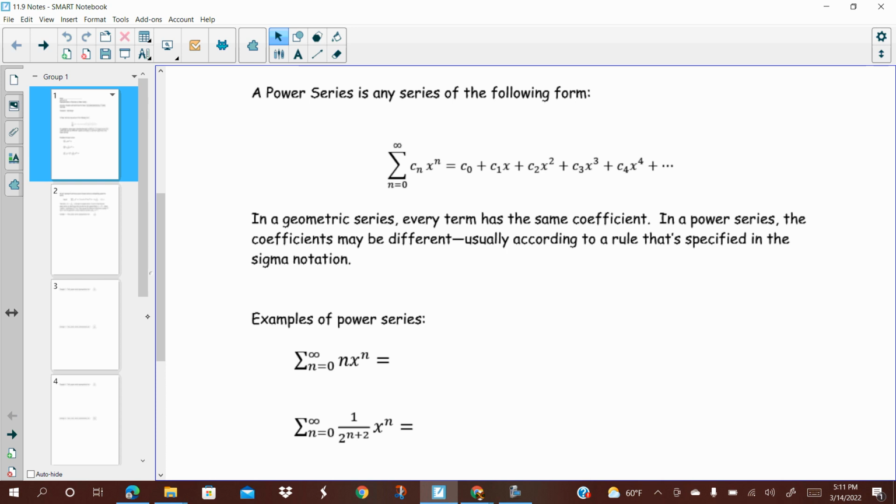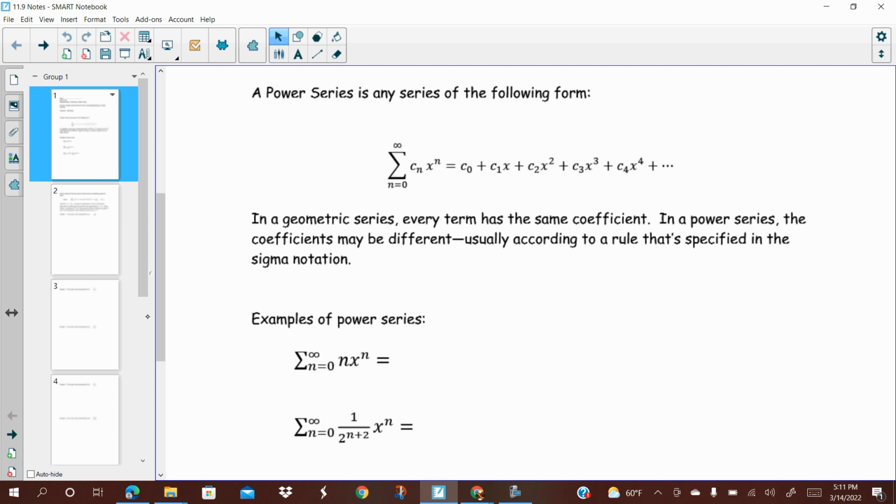The coefficients here are not necessarily going to always be the same number. The coefficients can actually change based upon some kind of a rule, whatever the rule is that's given to you in your sum. And then x to the n power basically just looks like some kind of a geometric, where x is being raised to an nth power.